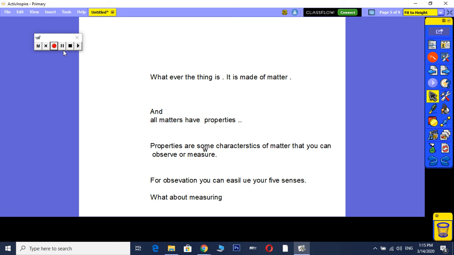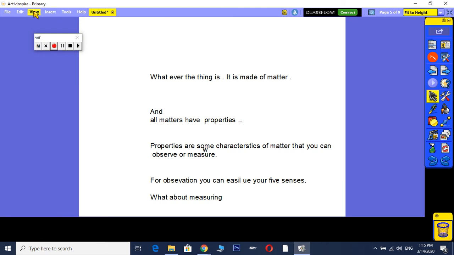What are properties? Remember? Properties are some characteristics of matter that you can observe or measure. For observation, we easily use our five senses. What about measuring? What are we going to measure? Do you remember I told you that next time we will speak about two things that we have to measure? Yes.